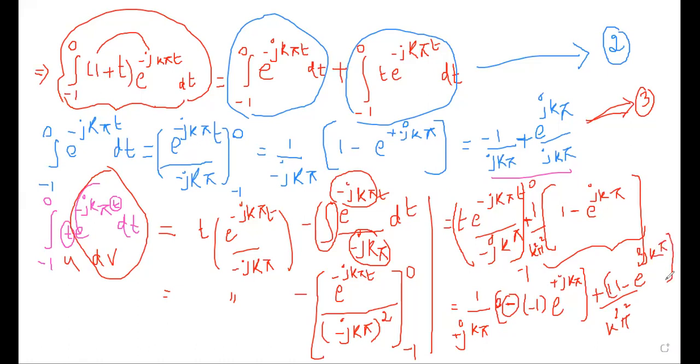Can anybody tell me the first term, can I write it as 1 by j k pi into e power j k pi? Yes, ma'am. Okay, fine. The meeting may get disconnected. I want you to tell me this answer properly, this complete term, once I connect back.